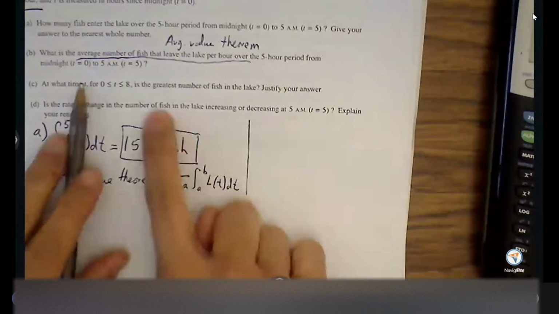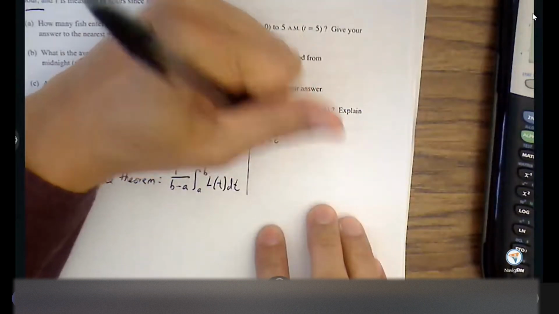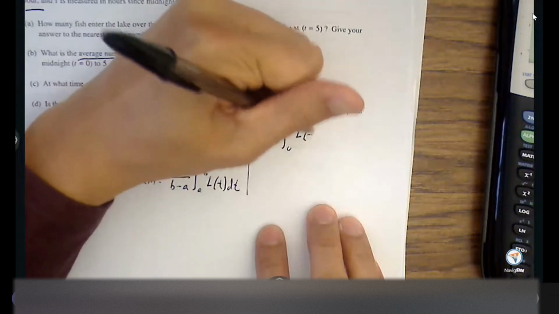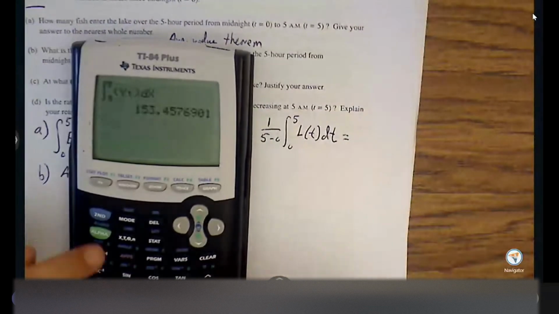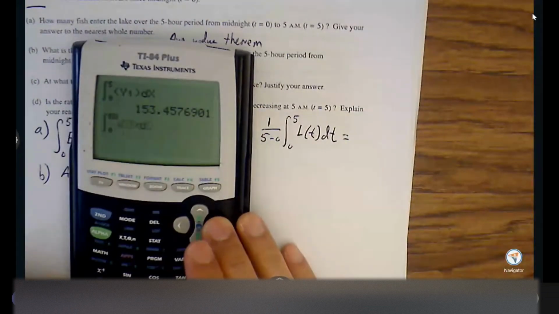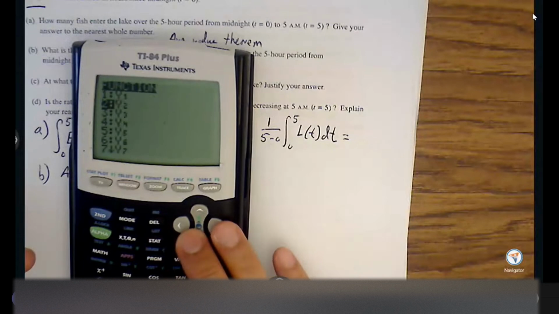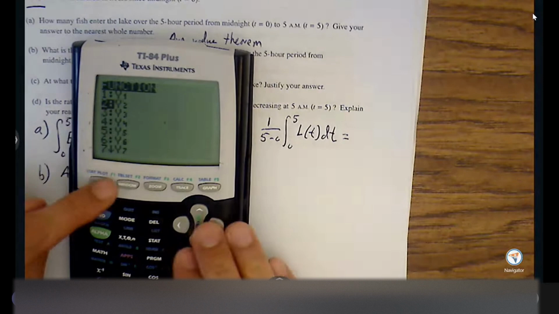Replace A and B with 0 and 5. I have L of t stored under y2.